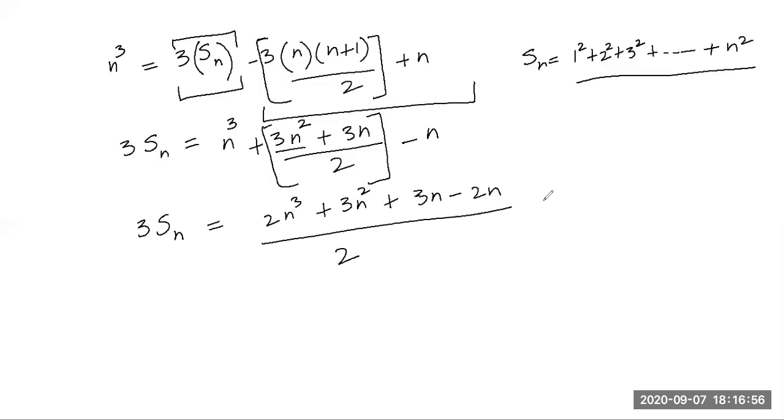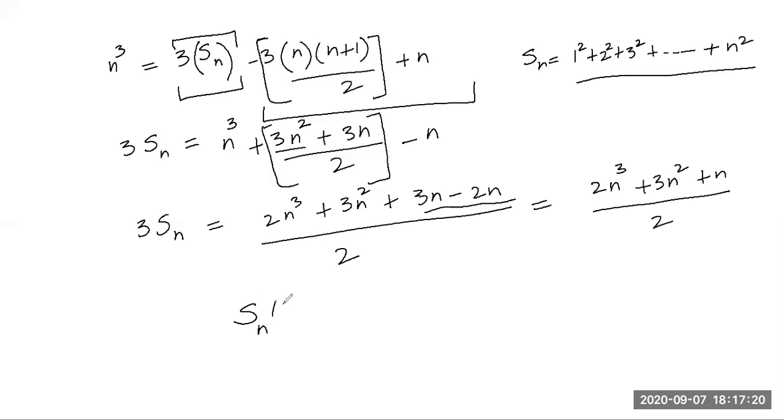Beautiful. So this is equal to, write the cube term first, 2n cube plus 3n square plus, 3n minus 2n is n, right? Divided by 2. So that gives us the value for Sn.